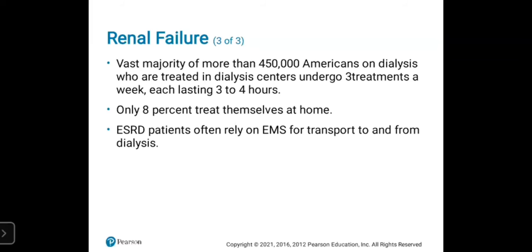The vast majority of more than 450,000 Americans on dialysis who are treated in dialysis centers undergo 3 treatments a week, each lasting 3 to 4 hours. Only 8% treat themselves at home. ESRD patients often rely on EMS for transport to and from dialysis centers.